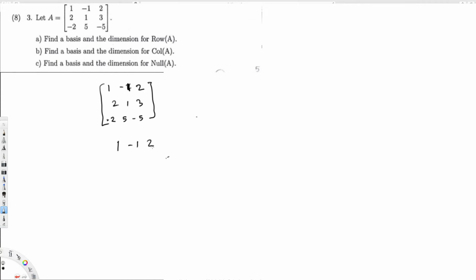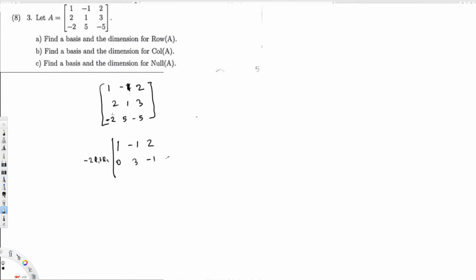Row 1 is 1, -1, 2, and if I do that, it's going to be -2 r1 plus r2. Which is going to give me -2 plus 2, which is 0. Negative 2 times -1 is going to be 2, and 2 plus 1 is going to be 3. Then -2 times 2 is -4, and -4 plus 3 is -1. Then we have the third row.